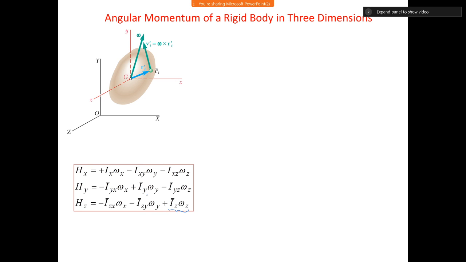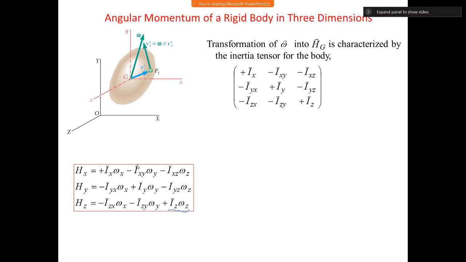Now for this equation, we'll use some concepts from linear algebra. If we use linear algebra, we can see what these equations are doing. These are linear algebraic equations, and they relate a transformation of the omega vector into the h vector. H is your angular momentum vector, and this transformation is done by an inertia matrix, which is something like this.